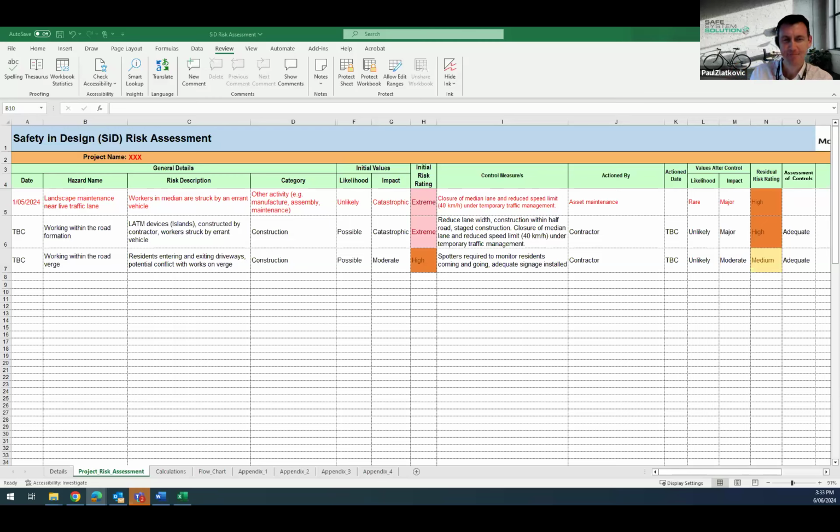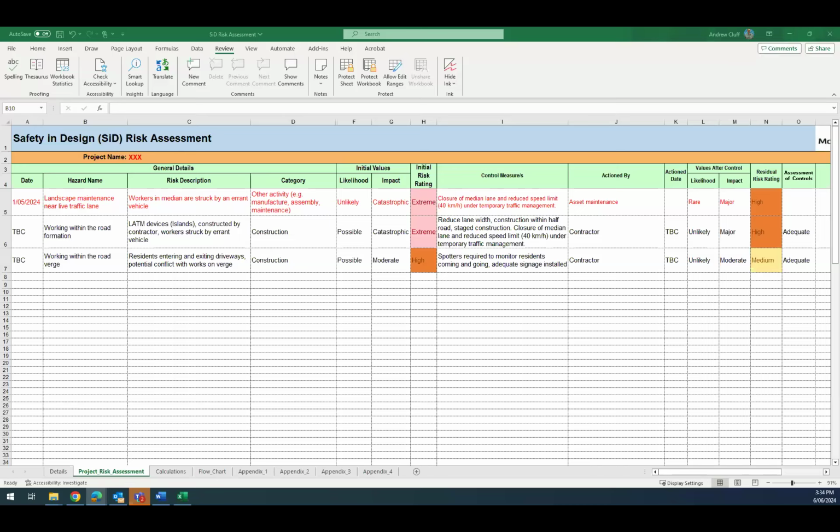Okay. So I think one of the other groups here identified some of the potential risks in working around services, when that drainage work has been undertaken, because it's an area where a lot of services exist, and I guess that installation of that drainage pipe is pretty close to some of those live services.